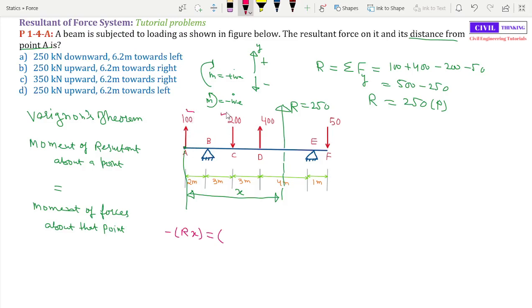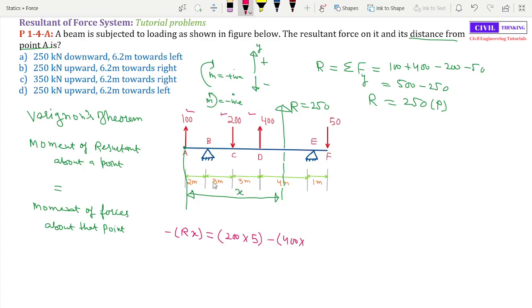Now 200 is going to exert a clockwise moment at A, so it is positive. It is 200 multiplied by how far 200 is normally from A. From here to here is 3 and from here to here is 2, so 200 is at a distance of 3 plus 2, which is 5, from A. Now let's find the moment of 400. 400 is going to exert an anti-clockwise moment, so it's negative 400 times the normal distance. How far is 400 normally from A?